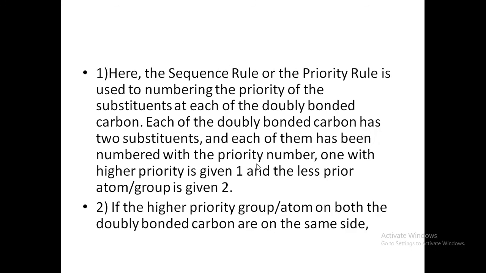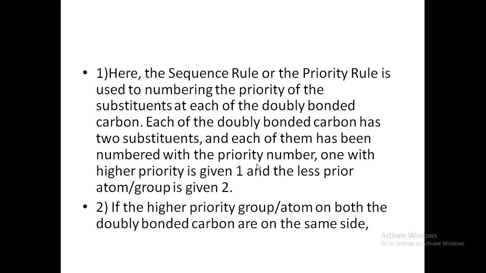It follows the sequence rule or the priority rule, which was developed for naming optical isomers by the RS system, and that method was also developed by Kahn, Ingold and Prelog, which was later introduced for naming geometrical isomers.